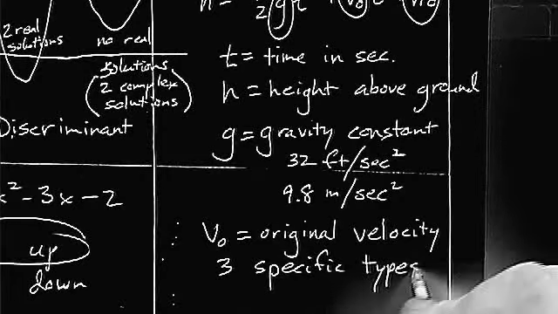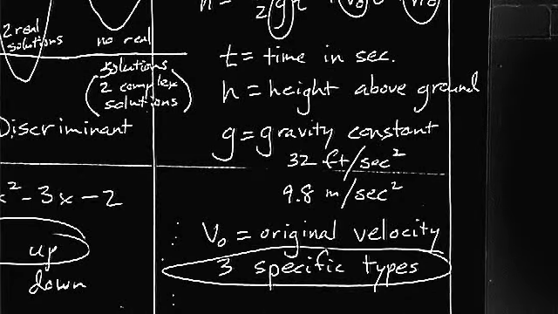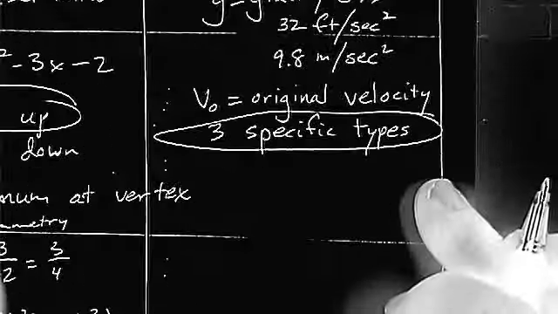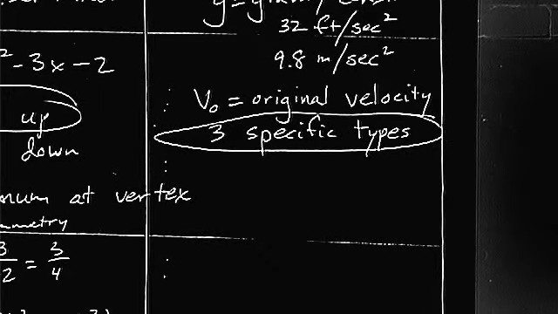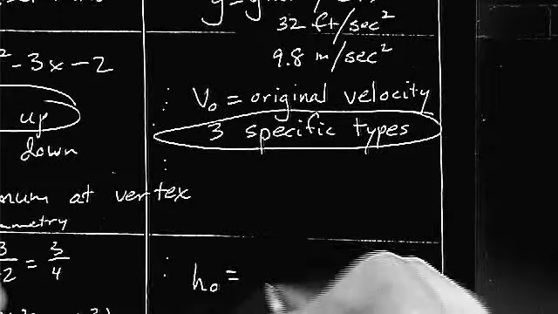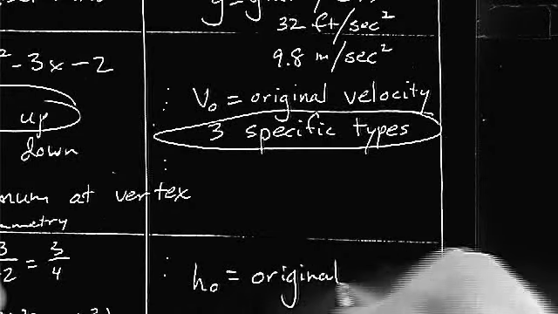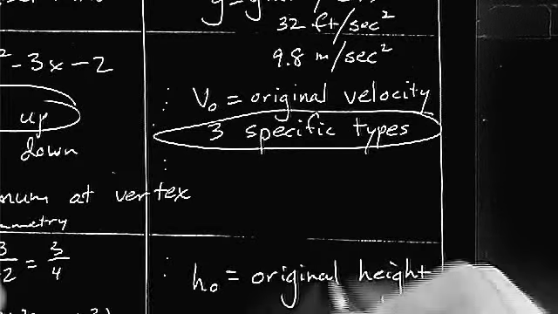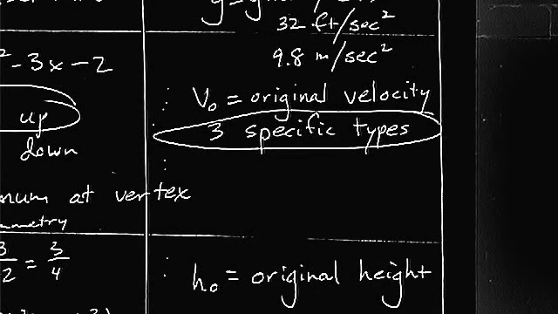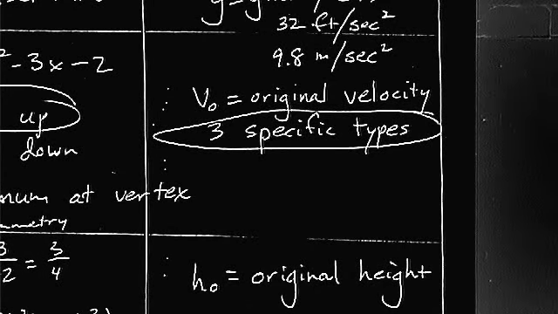I know it, so ask me about that in class, and we'll put that in your notes. And we'll leave some space so you can put that in there. And then h sub 0 is the original height. That may be in feet or meters, but obviously you'll be told that in a problem.